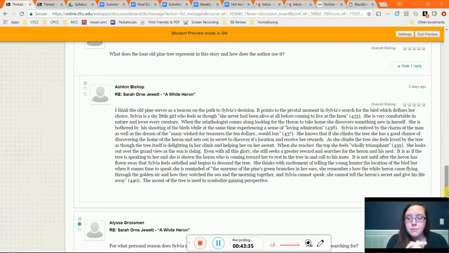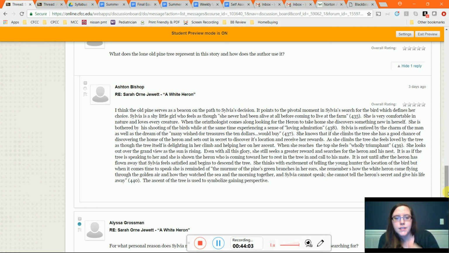As she climbs the tree, she feels loved by the tree. I think this represents self-love in a way. As though the tree itself is delighting in her climb and helping her on her ascent, like she's going places, right? She's triumphant. This is an epic moment in her life. And she decides to keep the secret.